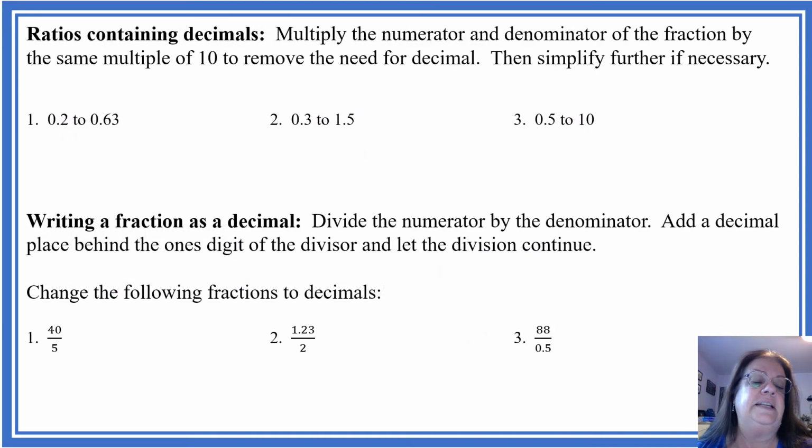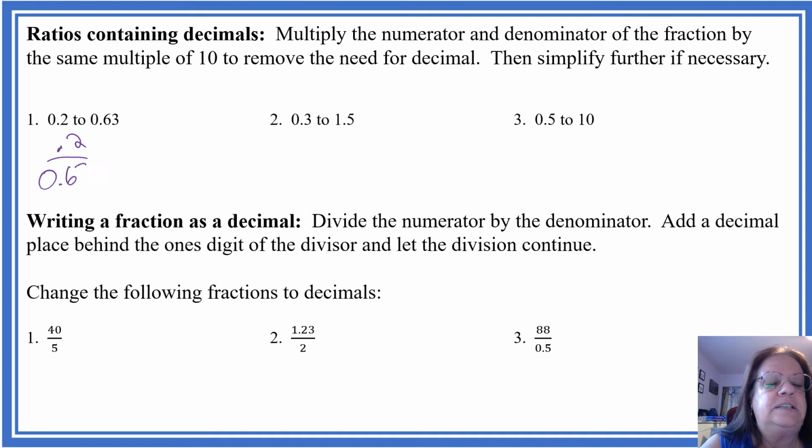Ratios containing decimals. Multiply the numerator and denominator of the fraction by the same multiple of 10 to remove the decimals. So we have 0.2 over 0.63. Well, 0.63 has 2 decimal places, so that means 100. 1 decimal is 10, 2 is 100.